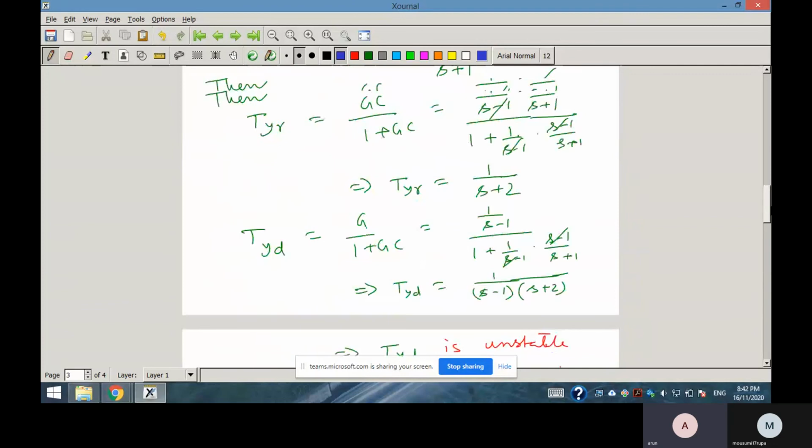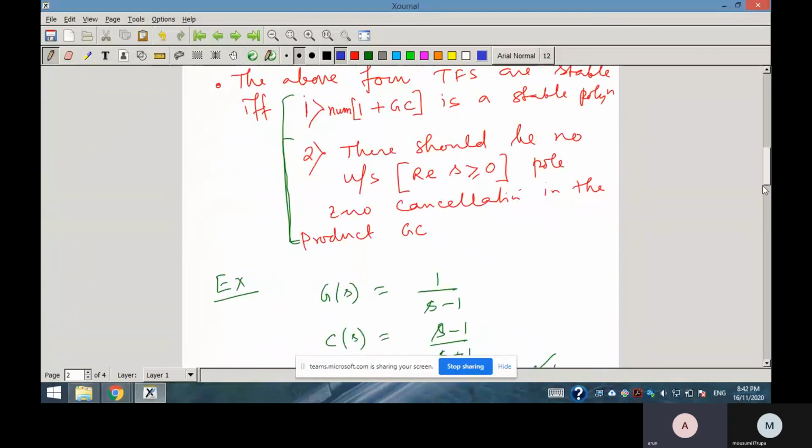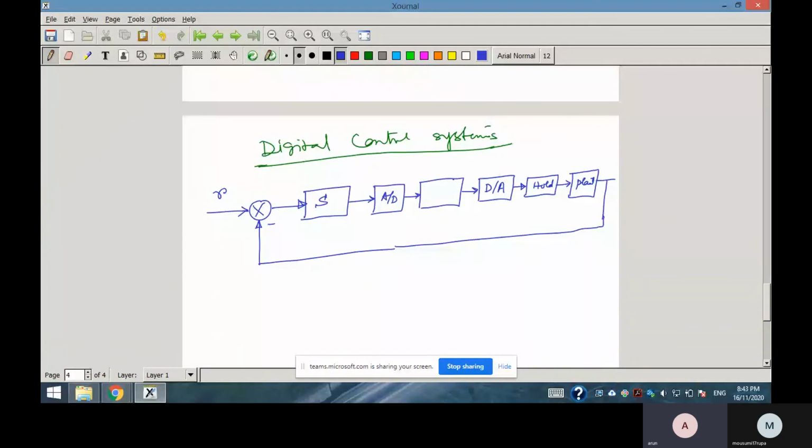Here I should write negative feedback. So this is your digital controller. And this is the tracking error.